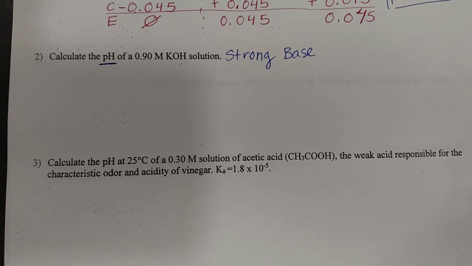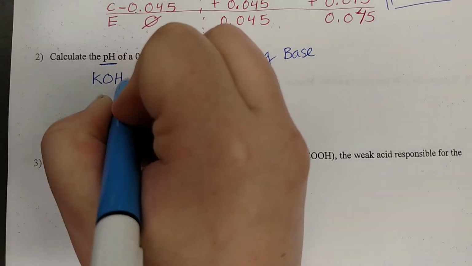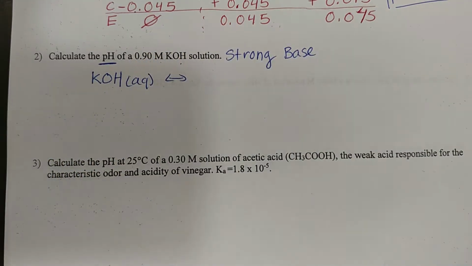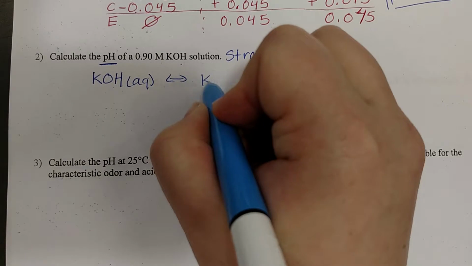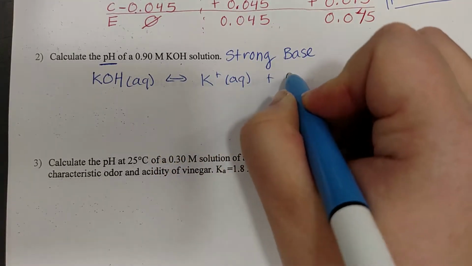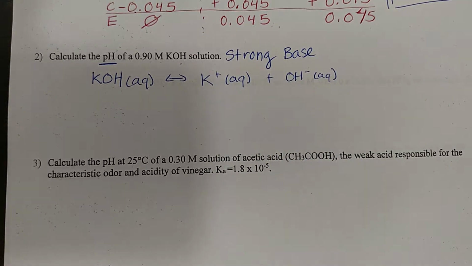So we're going to take a similar approach. We want to go ahead and write out a reaction of this dissolving. We've got an aqueous solution in equilibrium. So we're going to break down into potassium ion and hydroxide ion. We get our reaction.